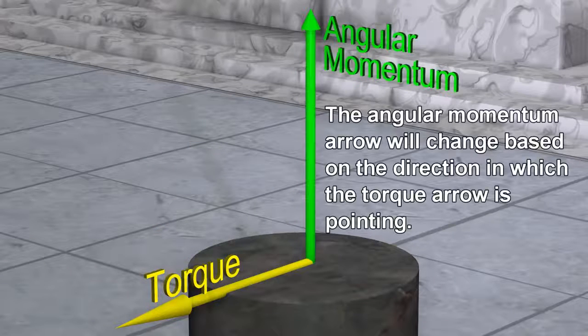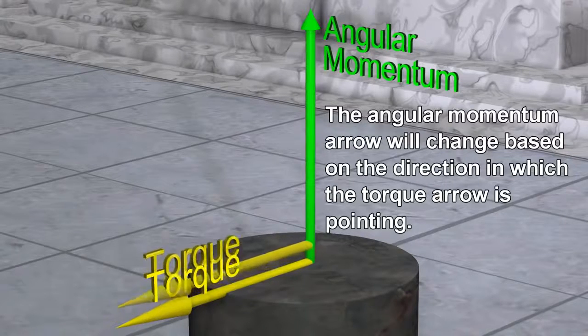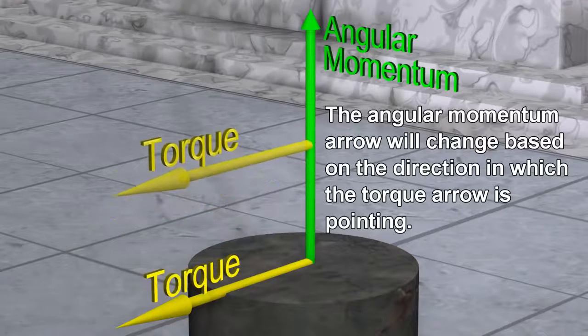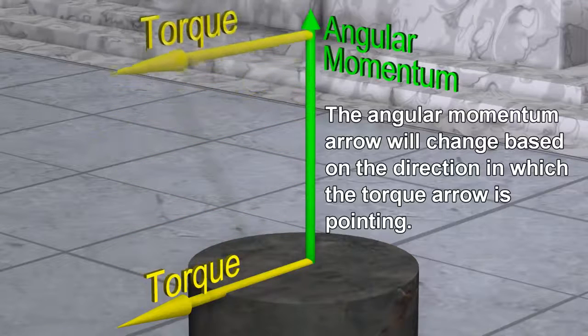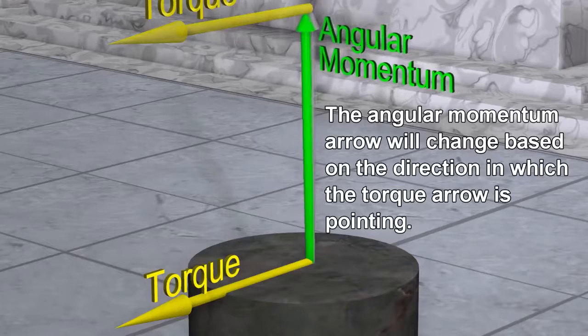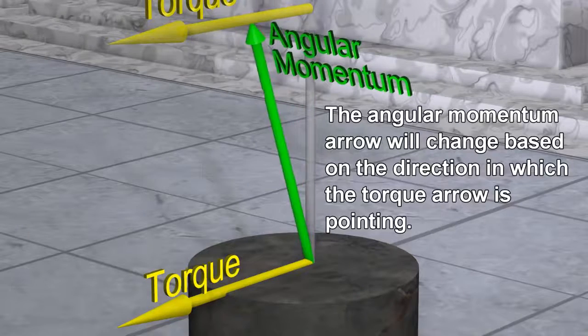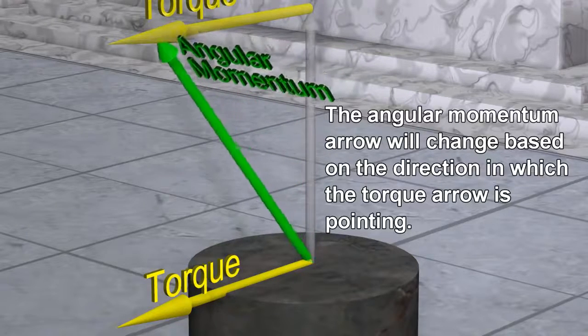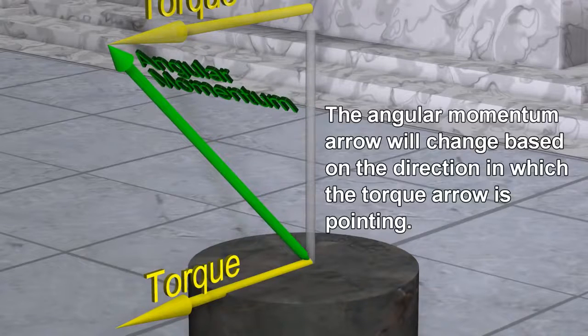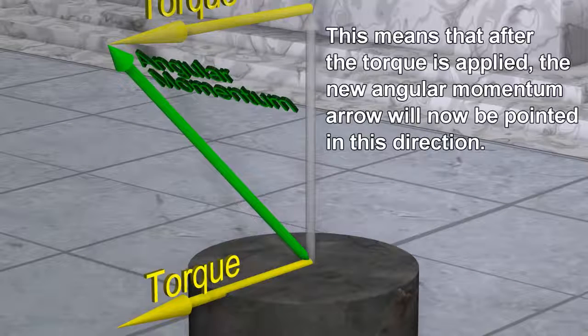The angular momentum arrow will change based on the direction in which the torque arrow is pointing. This means that after the torque is applied, the new angular momentum arrow will now be pointed in this direction.